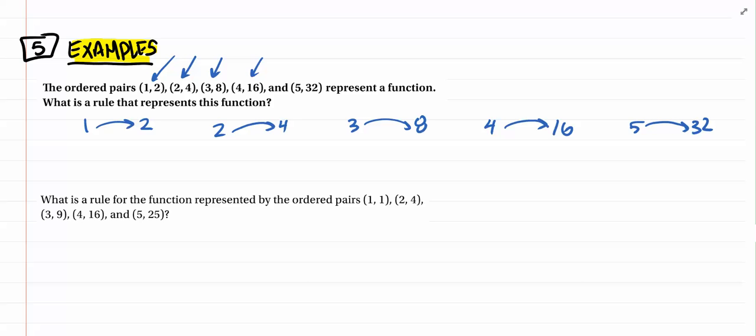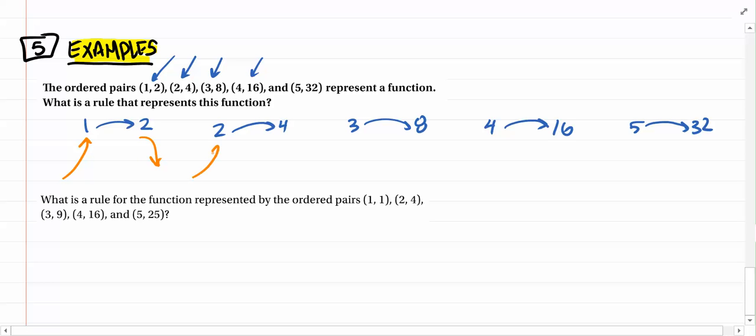So what we want to be able to do is come up with a relationship. When we put in a 1, out comes a 2. When we put in a 2, out comes a 4. When we put in a 3, out comes an 8, and so on. So we need to look for a relationship between the inputs and the outputs. The number 2 could be represented as 2 to the first power.